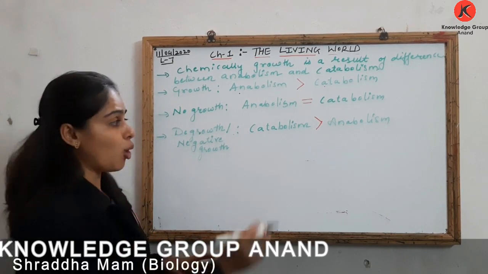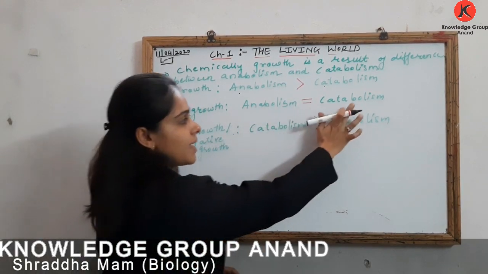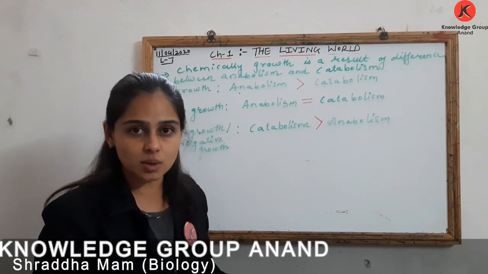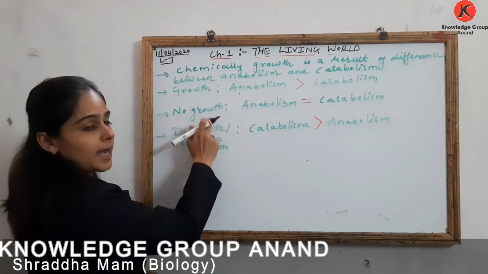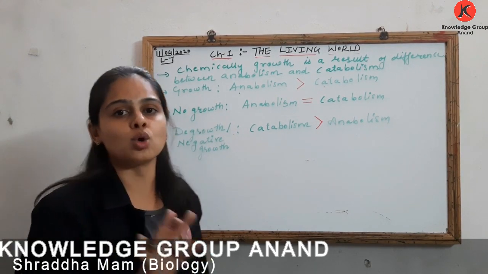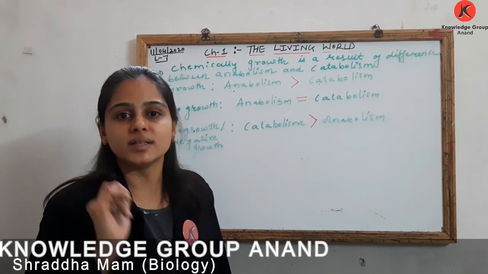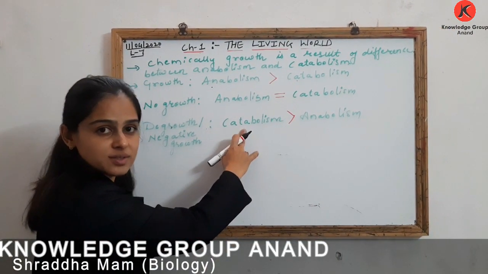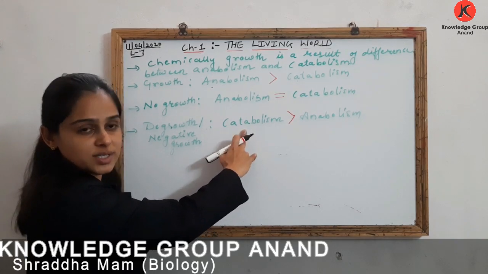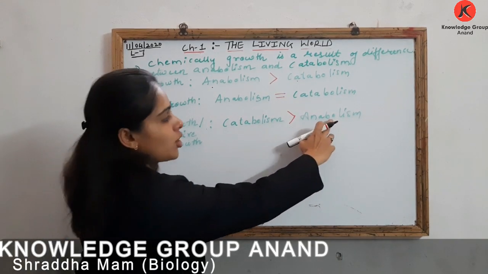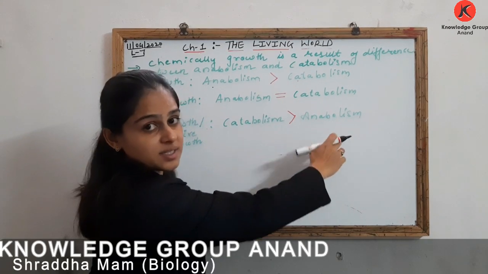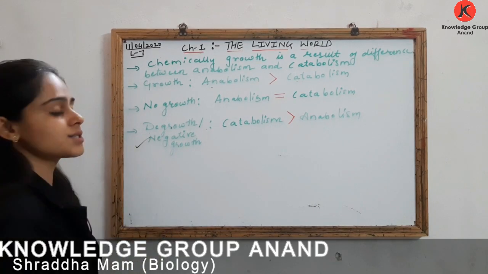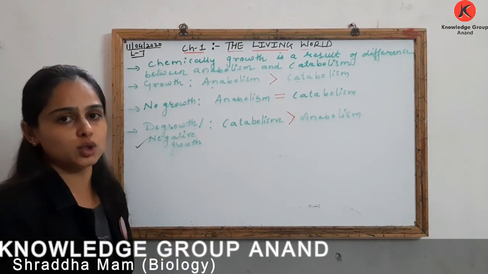But if both anabolic and catabolic processes are equal, at that time there is no growth. And last, if catabolic processes, meaning breakdown processes, exceed anabolic processes, that is synthetic processes, at that time there occurs degrowth or negative growth.